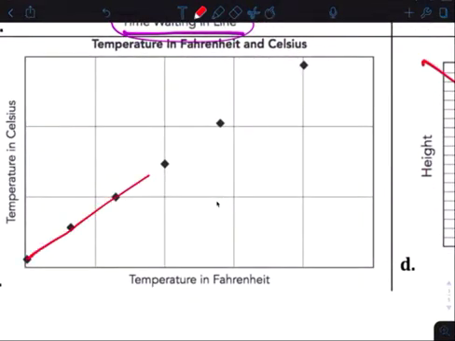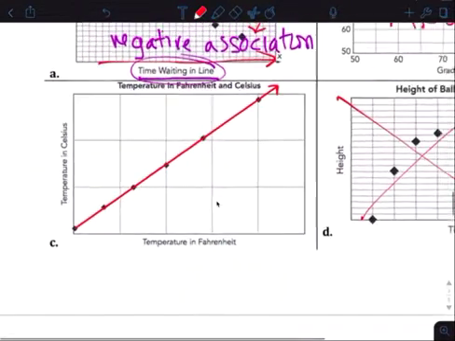This one, obviously, the scatter plot is going upward. It's also called a discrete graph.